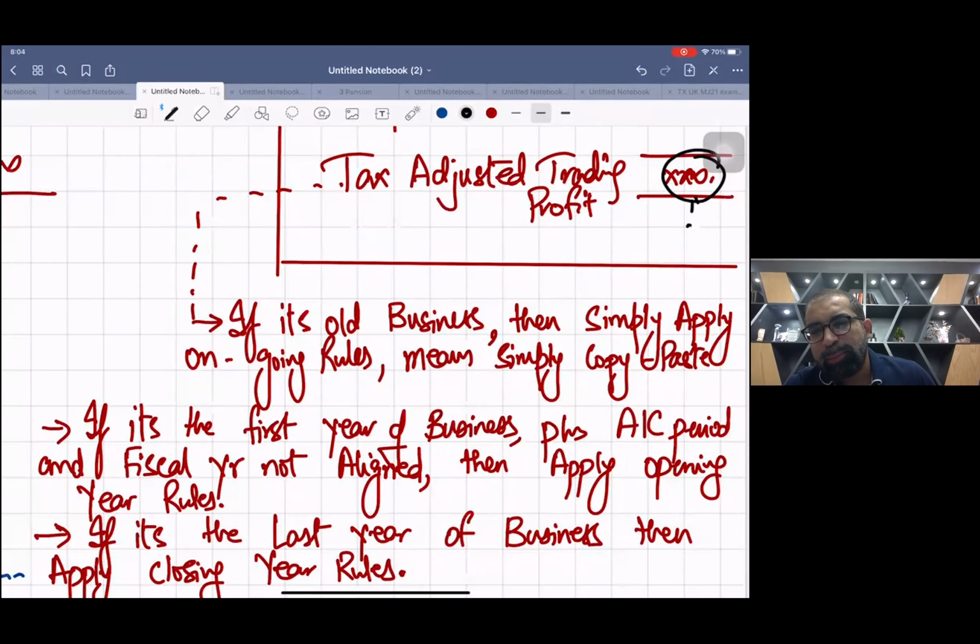And you know better than me, for the ongoing rule, we just copy paste. You don't need to do anything extra. You just copy this tax adjusted trading profit into the non-saving income column and just do the tax computation. That's it.